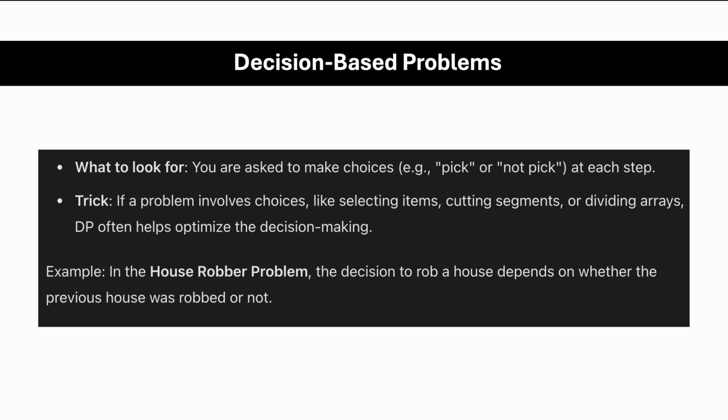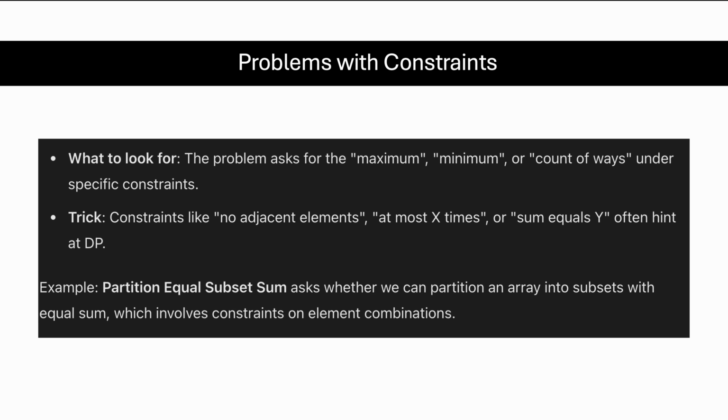Okay, let me quickly go to the next clue. Problems with constraints. What does it mean? It simply means that the problem asks for the maximum, minimum, or count of ways under specific constraints, like no adjacent element, at most x times, sum equals y, and so on.